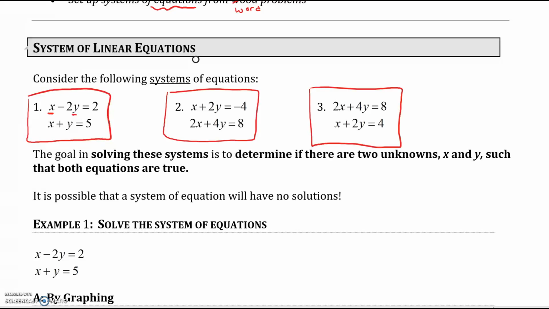For system of equations 1, you'll notice that if we sub in x equals 4, y equals 1, both the first equation, x minus 2y is equal to 2, is true, as well x plus y equals 5 is true. That is our goal when we're solving a system of equations, is to try and figure out values that we can sub into both equations and make them true at the same time.